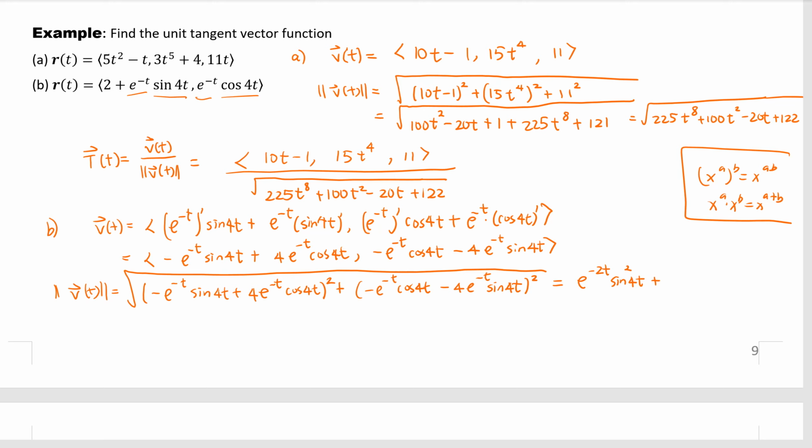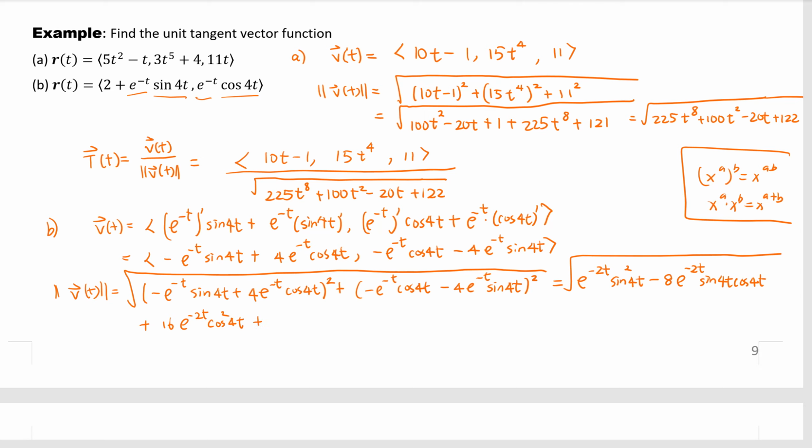Okay, so this is minus 2 times 4 is 8. We'll have e to the minus t times e to the minus t is e to the minus 2t, and then we have sine 4t cosine 4t. And we also have the second term squared: 16e to the minus 2t cosine 4t squared.